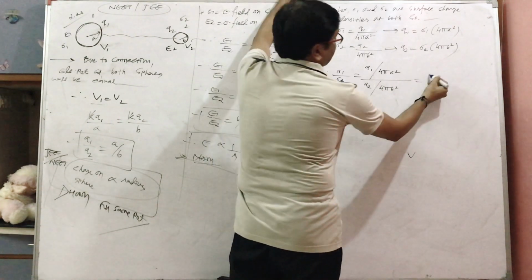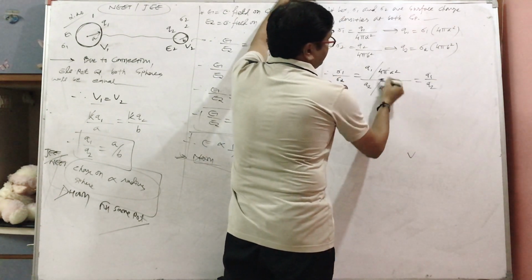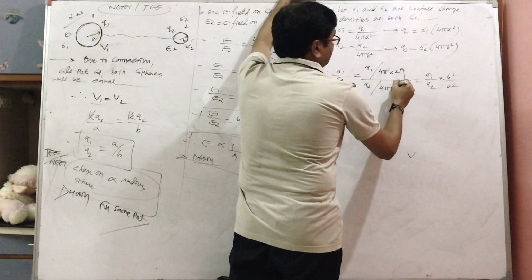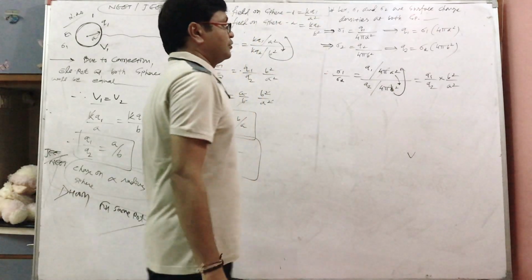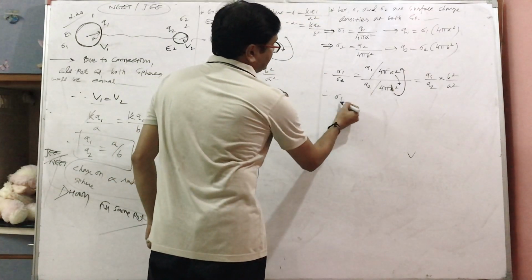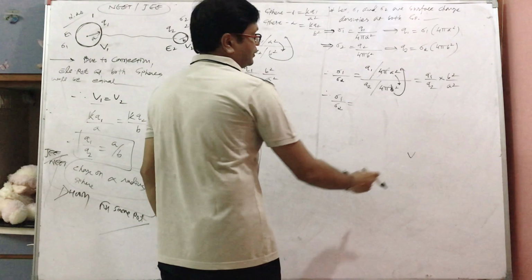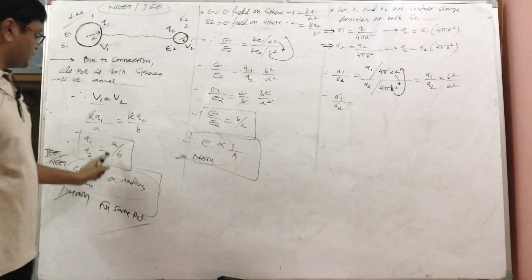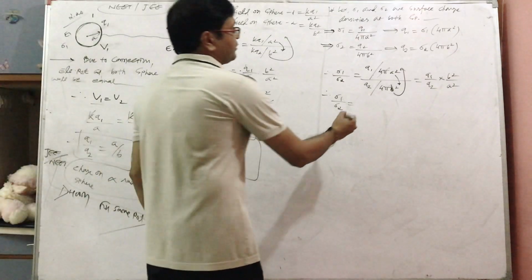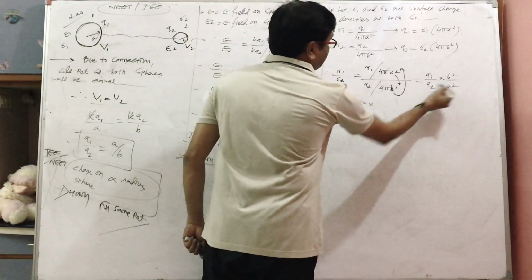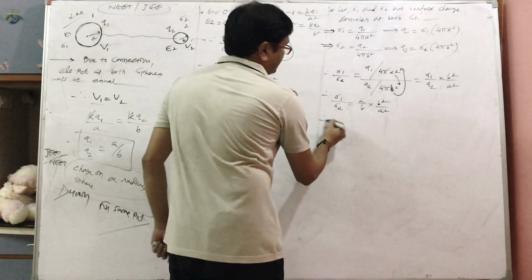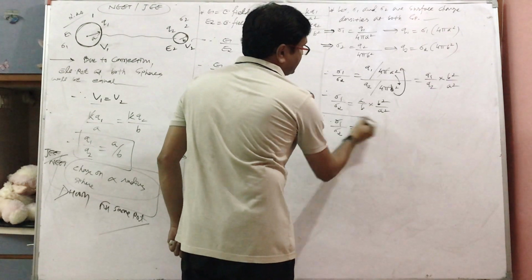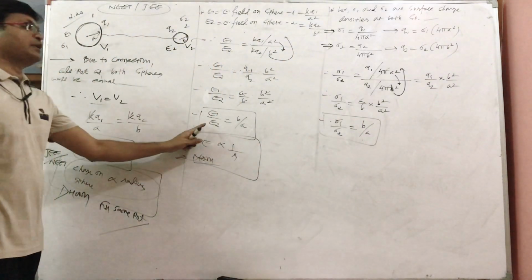It gives Q1/Q2, 4 pi cancels, multiplied by b square/a square. So sigma 1/sigma 2 is equal to Q1/Q2, and Q1/Q2 is already with us, it is A/B. So A/B multiplied by B square/A square. So sigma 1/sigma 2 is equal to B/A again, like the electric field.